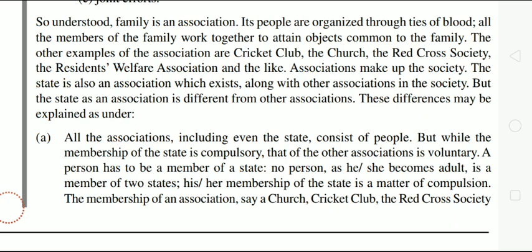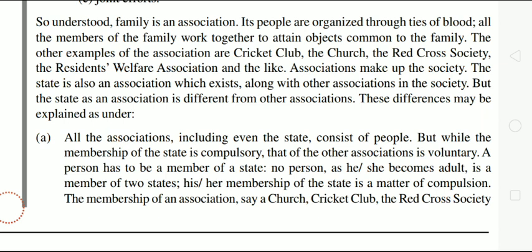Associations make up the society. The state is also an association which exists along with other associations in the society, but the state as an association is different from other associations.